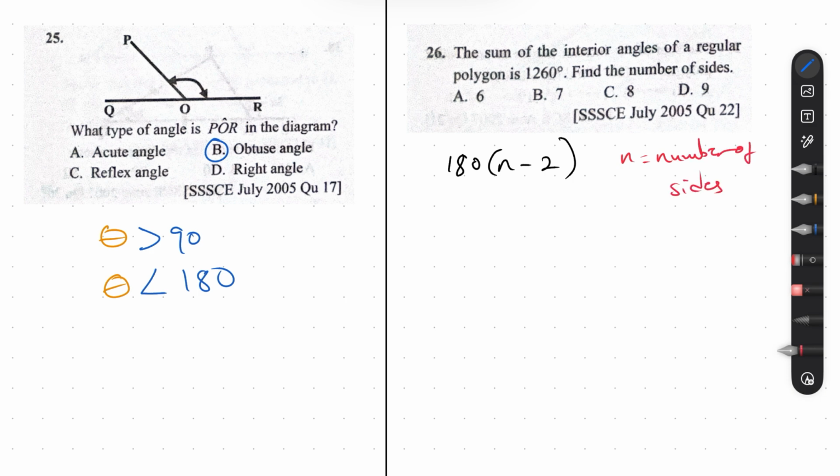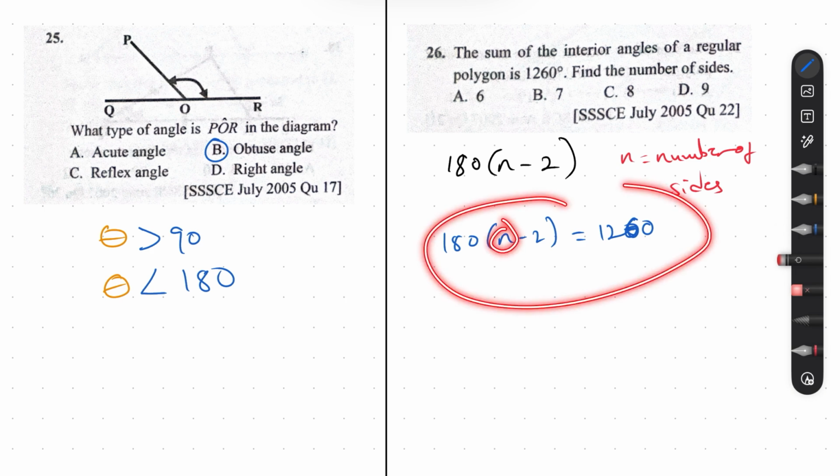We've been given that the sum of the interior angles of that polygon is 1260. So 180 times n minus 2 is equal to 1260. In this equation, we need to find n, which is the number of sides.